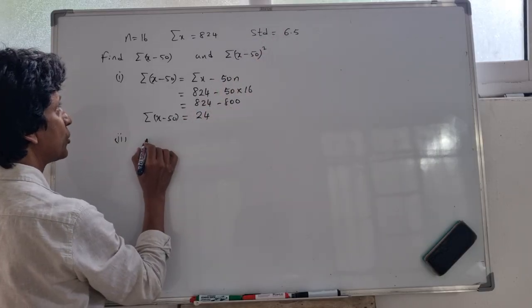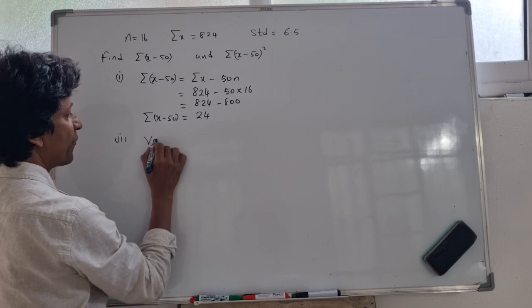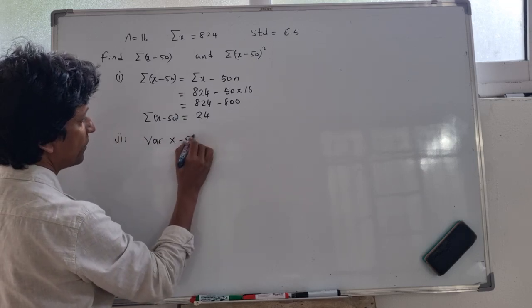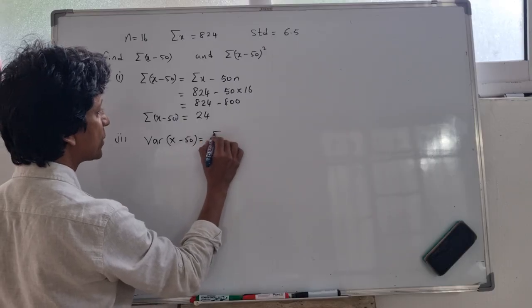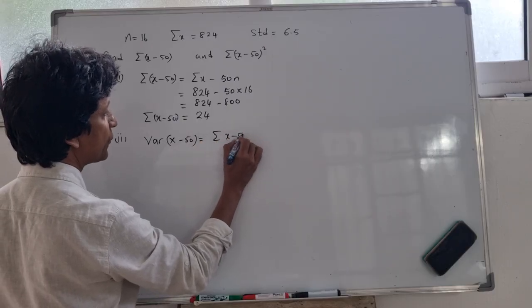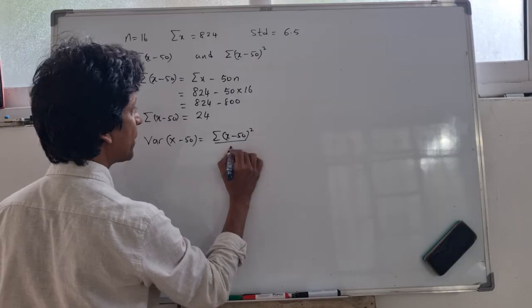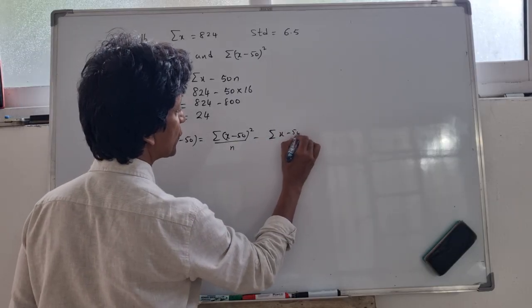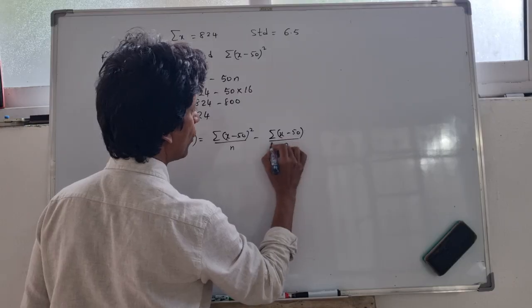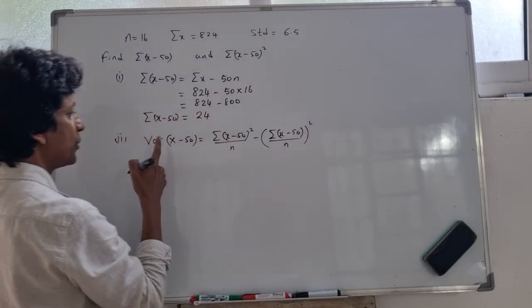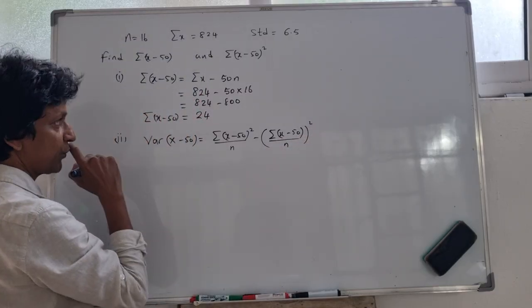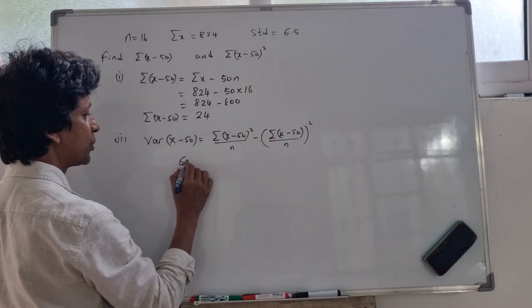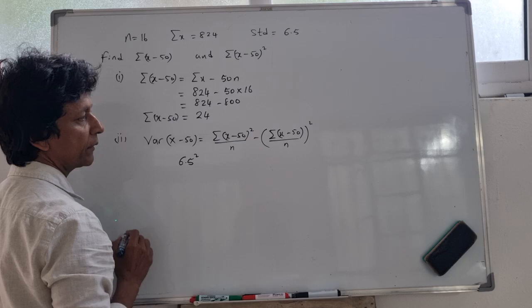So we are going to see that the variance of x minus 50 is equal to the sum of (x minus 50) squared divided by n, minus the sum of (x minus 50) over n, all squared. This variance of x minus 50 is actually 6.5 squared, because variance is squared.